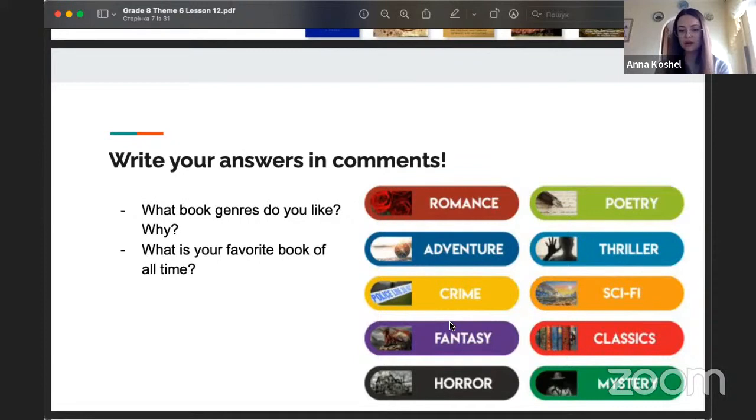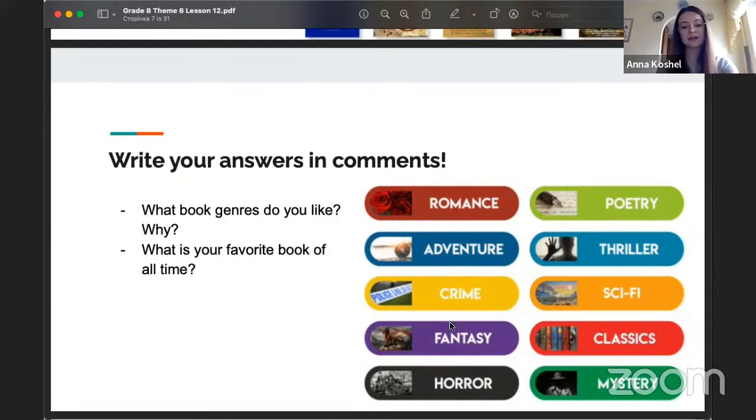Fantasy, again, Harry Potter, Hobbit, Narnia, Twilight, whatever it is. Classics, so that would be something more like Jane Austen, William Thackeray, Fitzgerald.